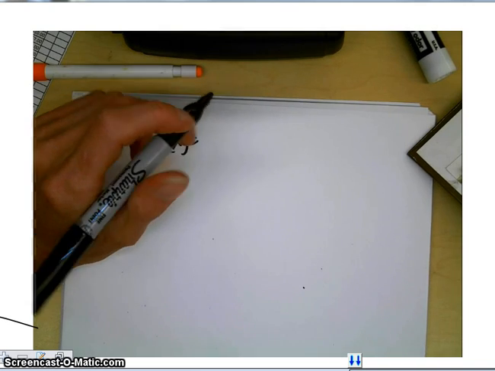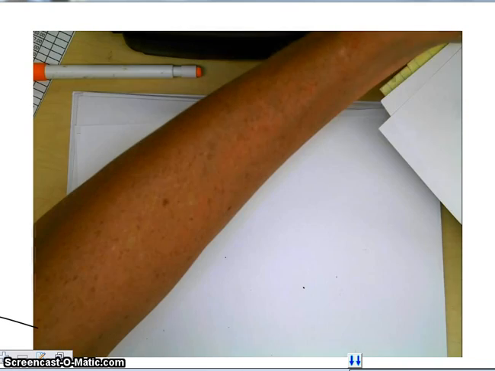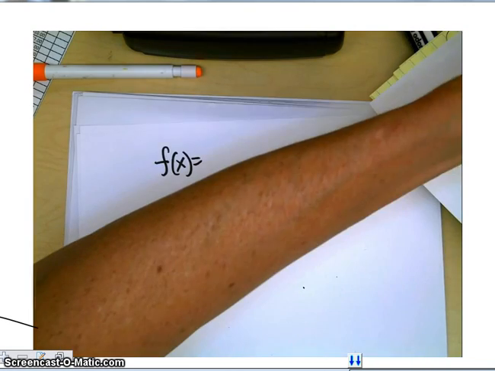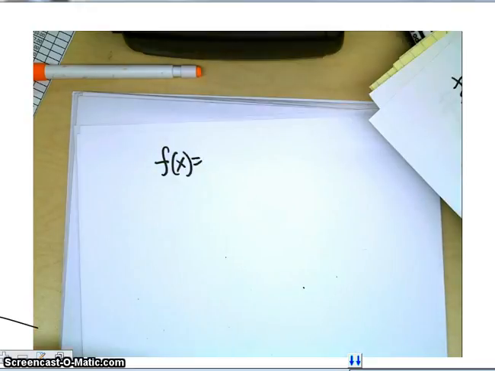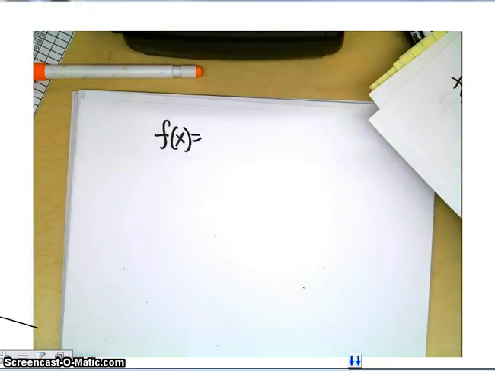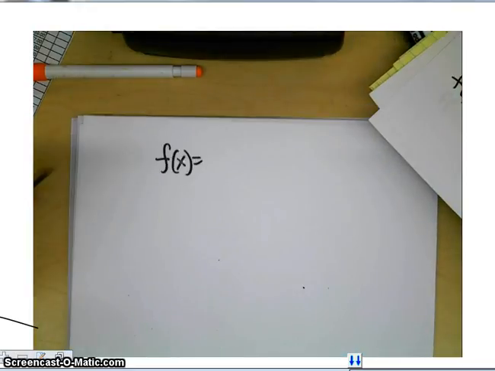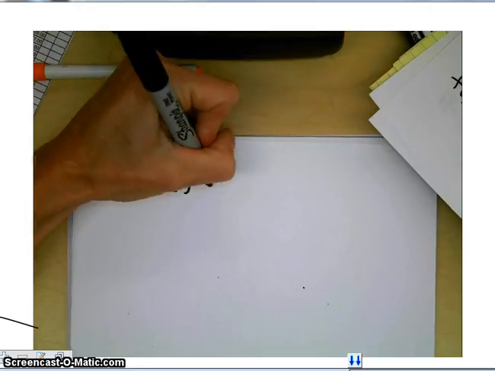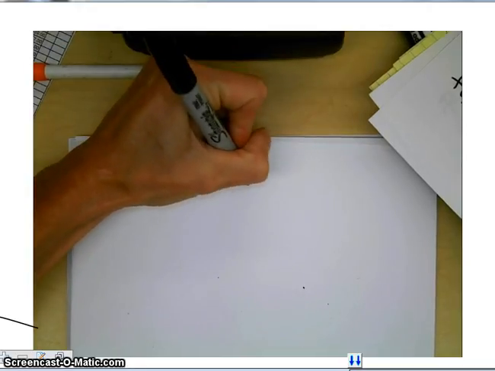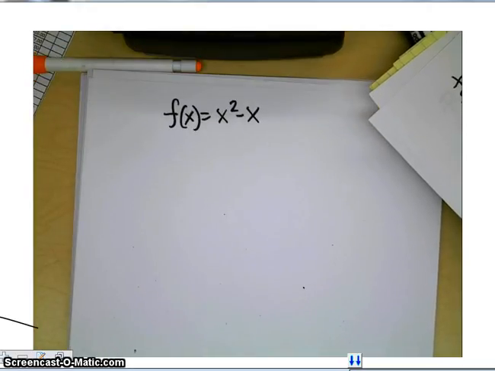I want to pick a really fun one. f of x equals x squared minus x. That one looks like lots of fun.